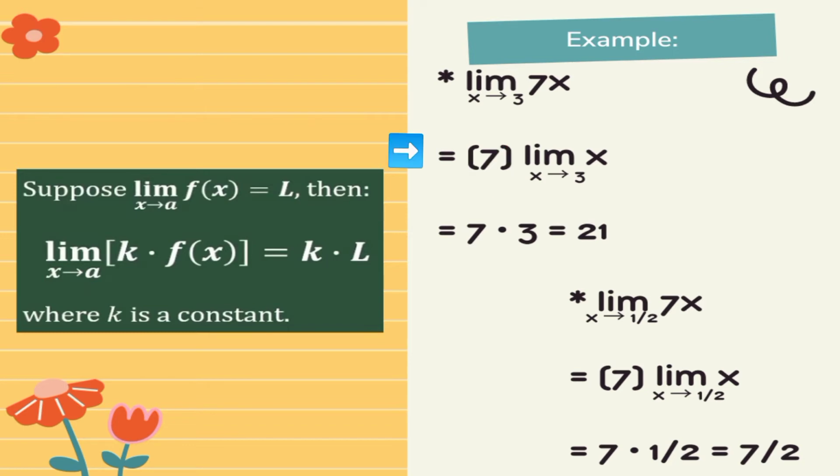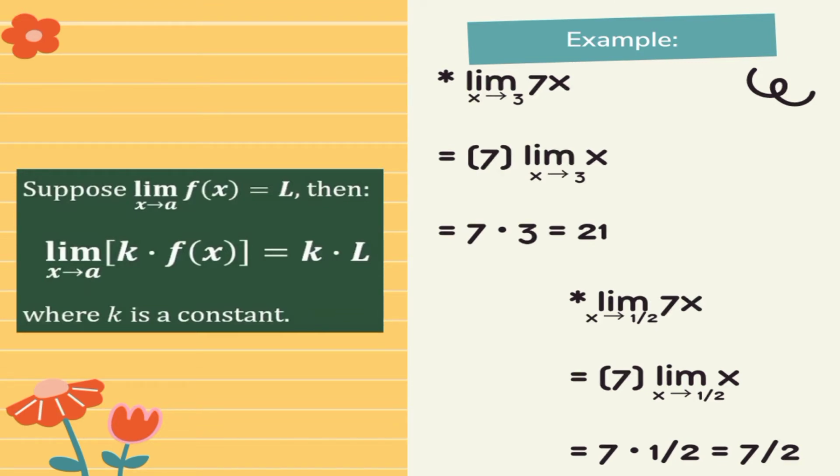Now we are going to bring down 7, then we apply here the theorem number 2, so we are going to copy the value of where the x approaches, which is 3. Now we are going to simplify. 7 times 3 is equal to 21.